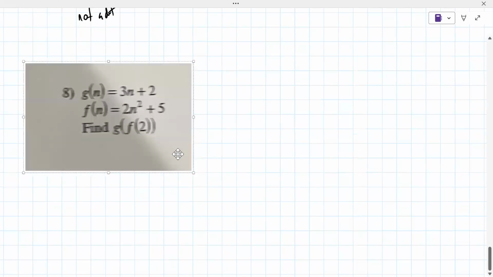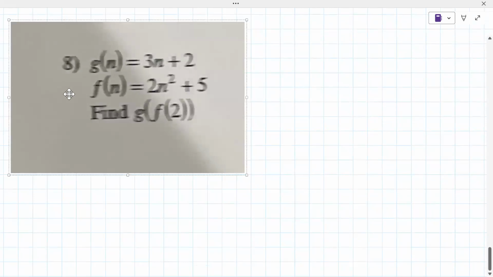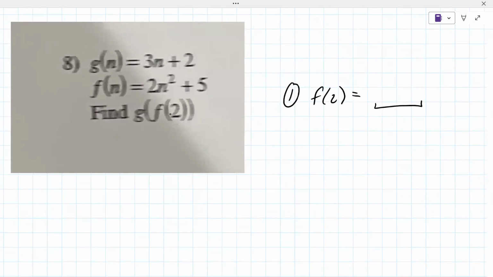So next here. This problem is like the ones we've been doing, but they're giving you the condensed notation. So you're first going to find f of 2, and whatever that number is, that's going to go in there. The idea is that the output becomes the input to the next one.